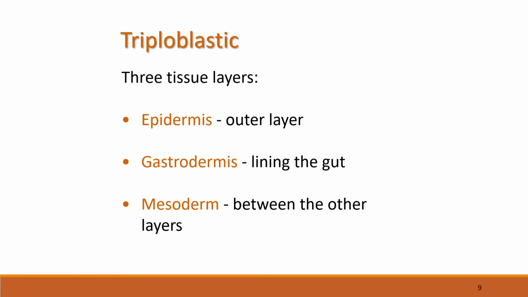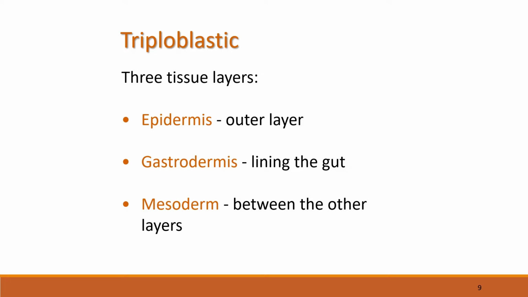So as I said earlier, we have 3 tissue layers in the platyhelminths, making them triploblastic rather than diploblastic, which we saw in the cnidarians. And these 3 cell layers are the epidermis, which forms the outer layer of the platyhelminths, the gastrodermis, which lines the gut of the platyhelminths, and then in between this gastrodermis and epidermis, we have this additional layer known as the mesoderm.